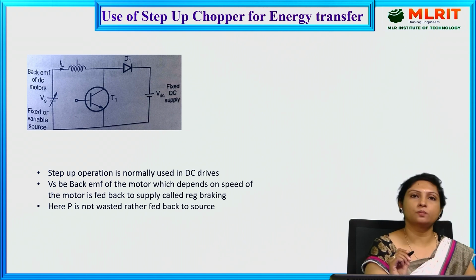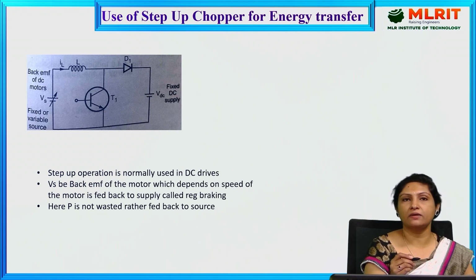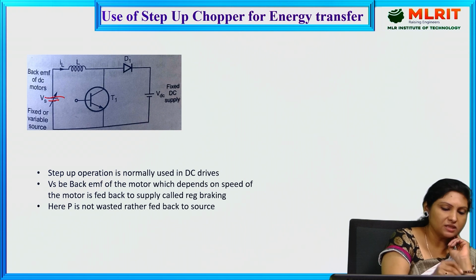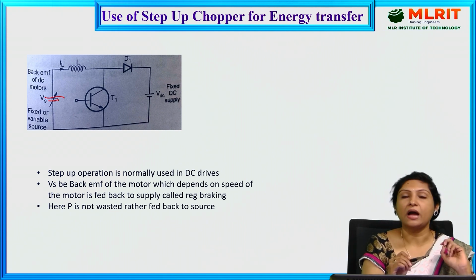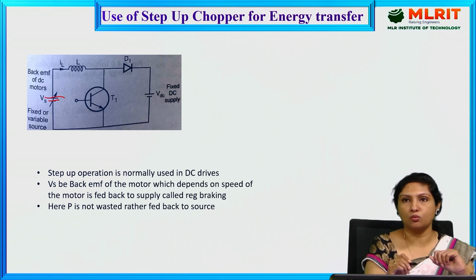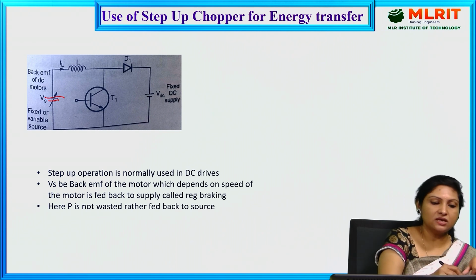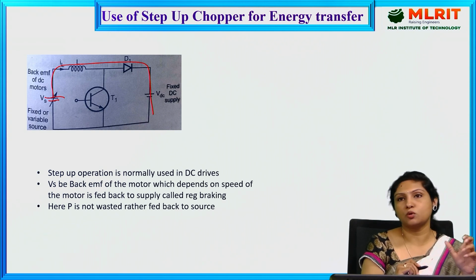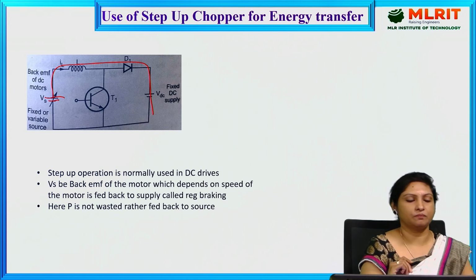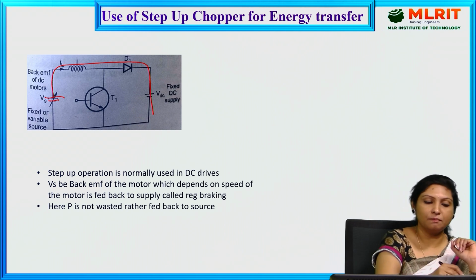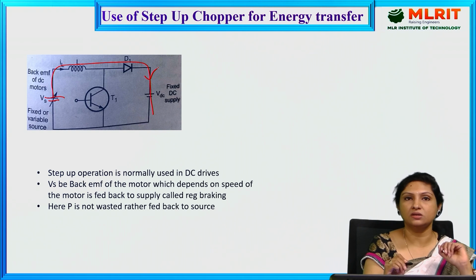Let this particular supply voltage be the back EMF of the motor, and this back EMF of the motor purely depends upon the speed of the motor, and this is actually fed back to the supply, and we call this process regenerative braking. Here the power is not wasted, rather it is fed back to the source.